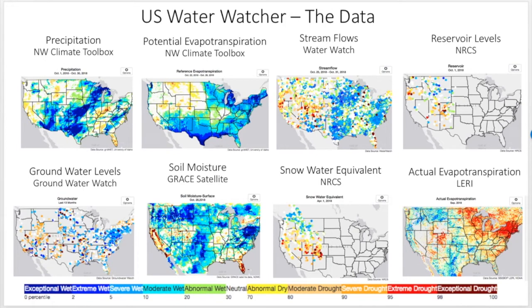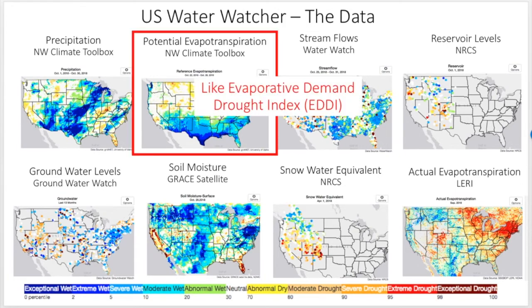The data represents both gridded raster data as well as vector data from station observations and satellite observations. Some of the geographical extents are different, but most metrics cover the contiguous USA. Finally, some of our metrics are very similar to other well-known metrics. For example, the potential evapotranspiration percentiles in our tool are very similar to the Evaporative Drought Demand Index, or EDDI, from NOAA.